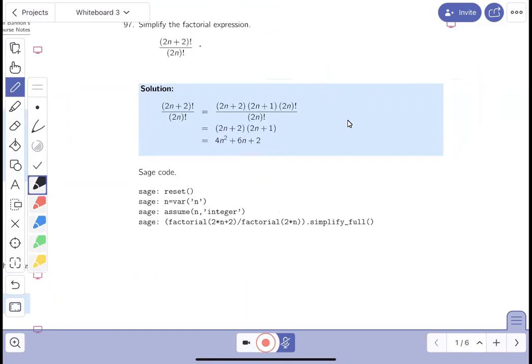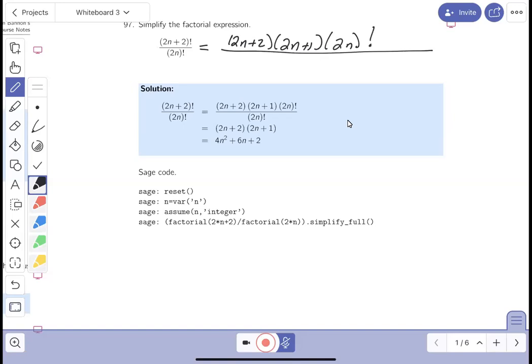To go through it, I'm just going to write down what I'm seeing on top. And what I see is a factorial. So it's 2n plus 2, I go down 1, 2n plus 1, I go down 1, that's 2n factorial. All right?